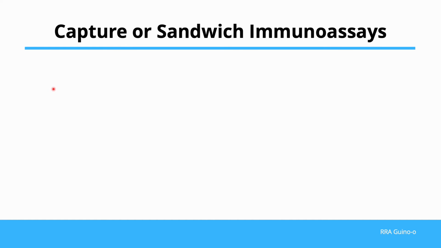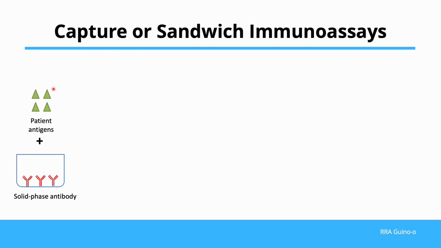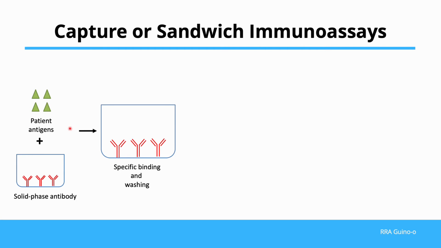Here you can see how the capture or sandwich immunoassay works. So again, instead of antigen attached to our solid phase, here we have our solid phase antibody, and we are detecting our patient antigens. The capture or sandwich immunoassay can again also detect antibodies. So here we add our patient antigens in our reaction vessel, and specific binding takes place.